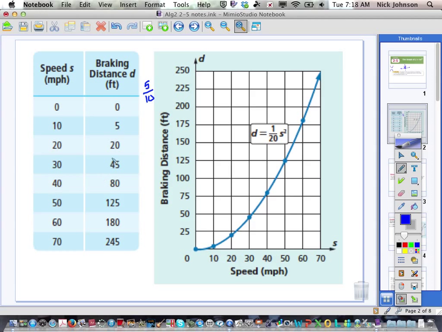And let's just pick an easy one. 45 minus 20 is 25. I'm just doing my slope, y2 minus y1 over x2 minus x1. 30 minus 20 is 10. This one equals 2.5. This one equals 1/2. So yes, as we can tell, these points do not lie on the same line because they have different slopes.